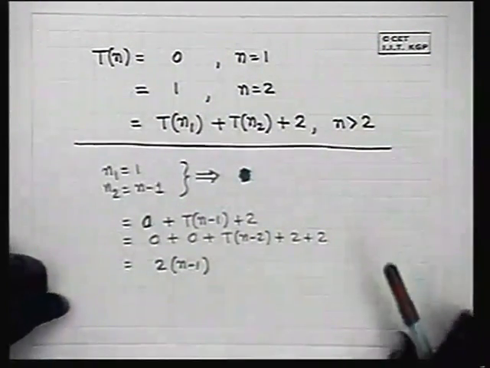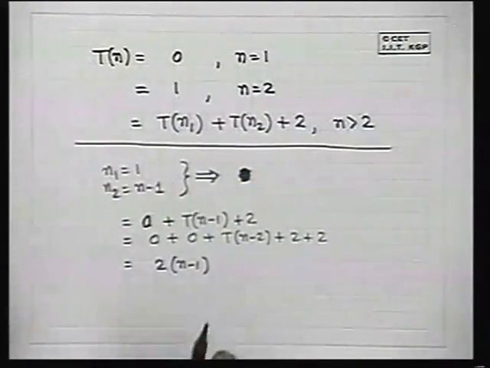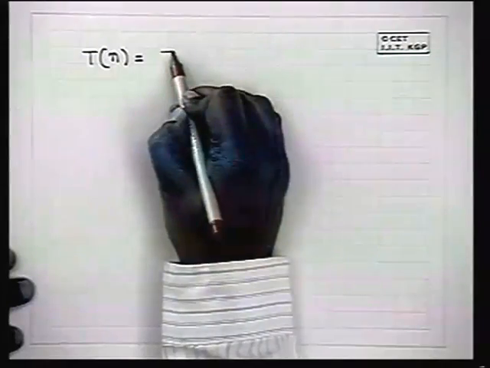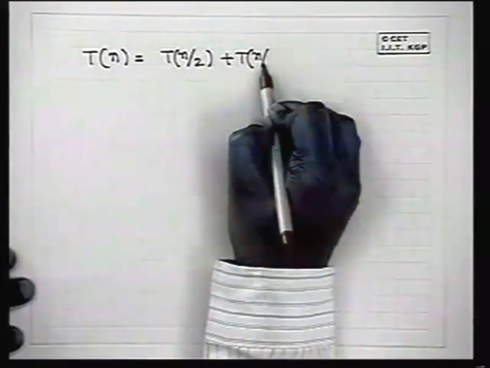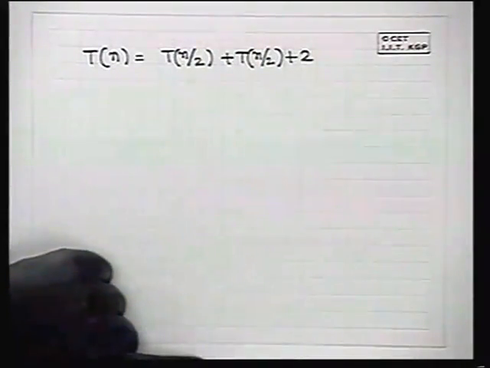Now suppose you split in the middle, and let us take for example that there are only 2 to the power k elements, and you split in the middle, then what would you get? T(n) is equal to T(n/2) plus T(n/2) plus 2, right?